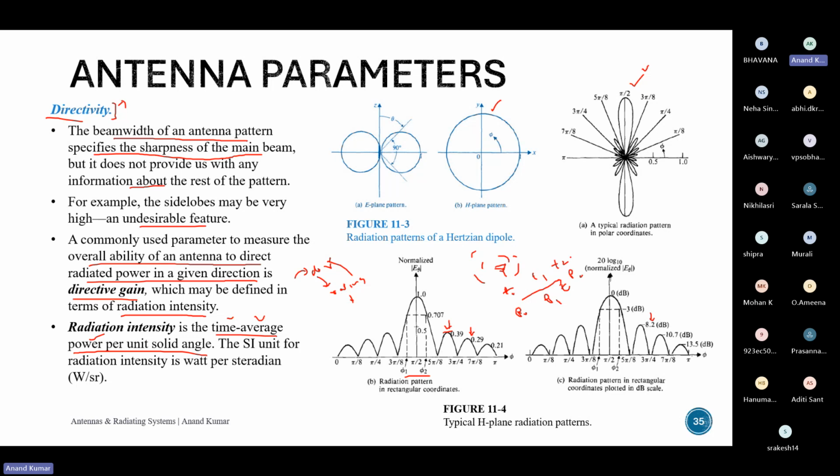Although these values will be very similar to each other, at different time instants we can measure the amount of power being radiated by this antenna, and then take an average of how much power it radiates. So we will get the time average power.